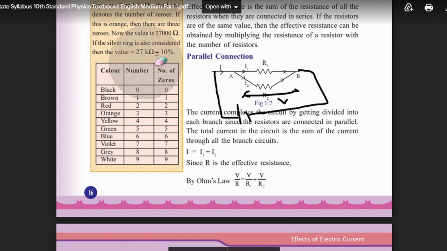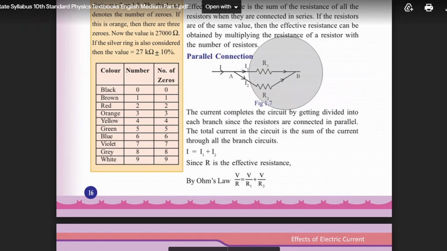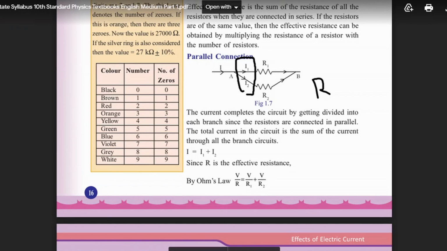So in parallel we have to note that the current value will be different and the voltage value will be the same. So to find the effective resistance, before that we have to calculate the I values, I1 and I2, and after that we find the R value.